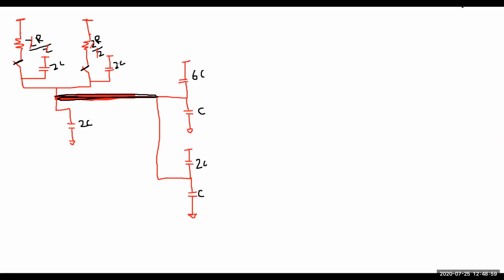So this is 2C and 2C, they become added, they become 4C.